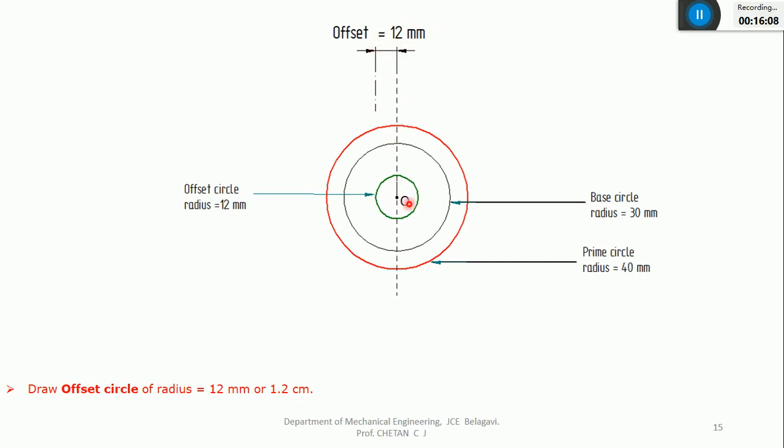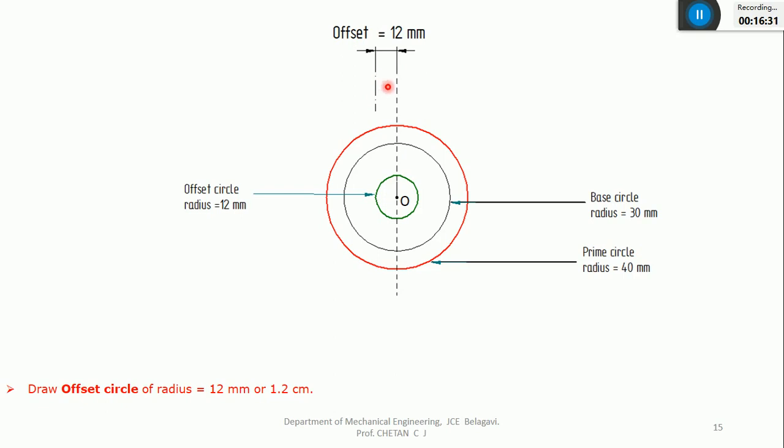So I'll draw the circle, and the radius of this offset circle will be 1.2 centimeter, because I want a gap between the follower axis here and the cam axis.